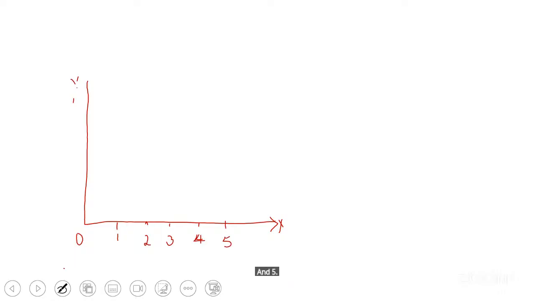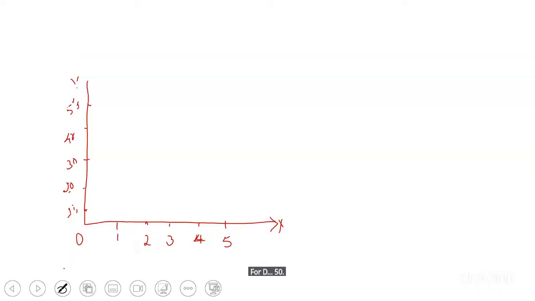On the y-axis, TR, AR, MR, price are all measured. So 10, 20, 30, 40, 50.